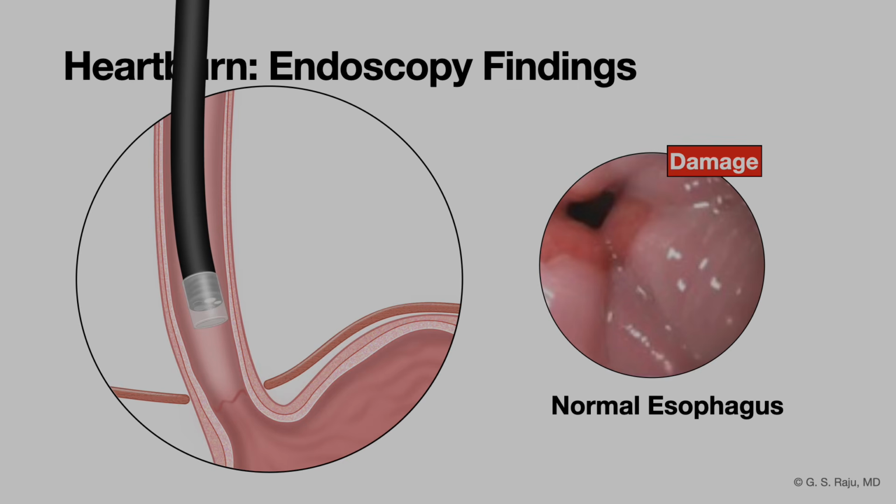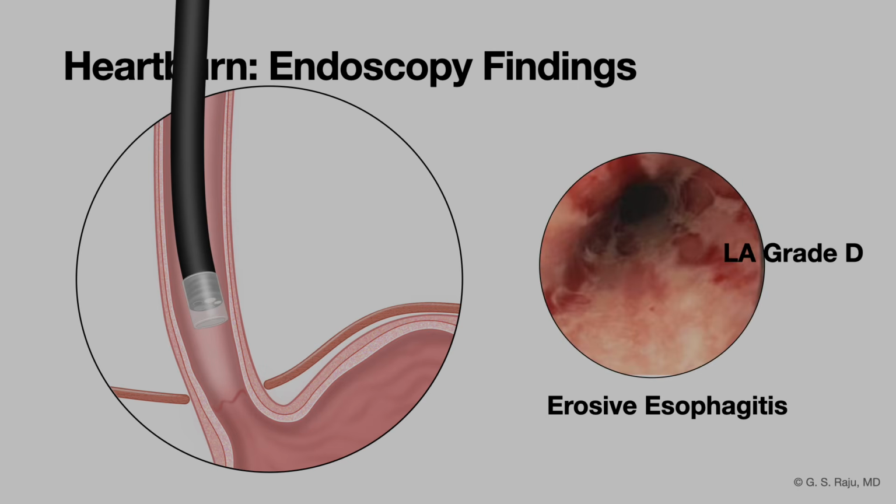So there are 4 gradations. We will talk about the worst one, that is Los Angeles grade D. When you see lots of damage that is almost circumferential, that is LA grade D.